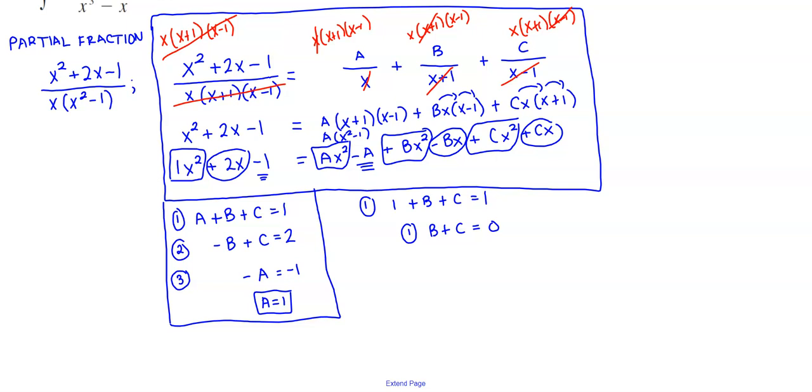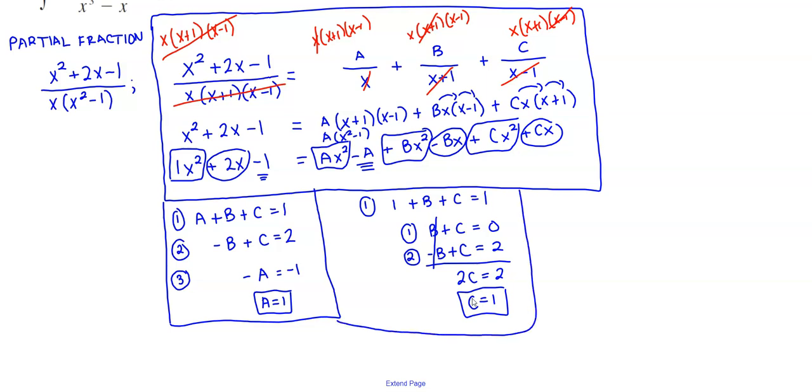Now let's take a look at equation 2. Equation 2, we have negative B plus C, which is equal to 2. Since we already have the opposites of B, we can eliminate those. We end up getting 2C, which is equal to 2, and therefore C is going to equal 1. And now we've got to figure out what B is.